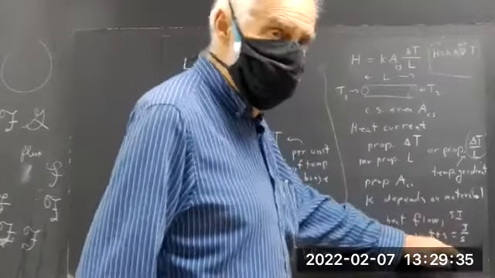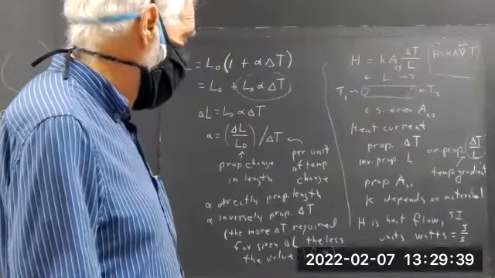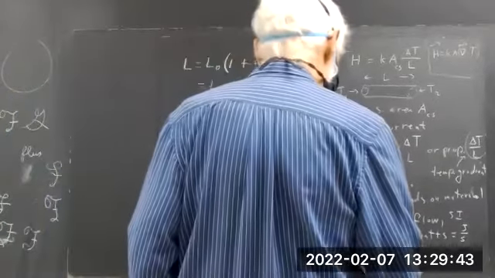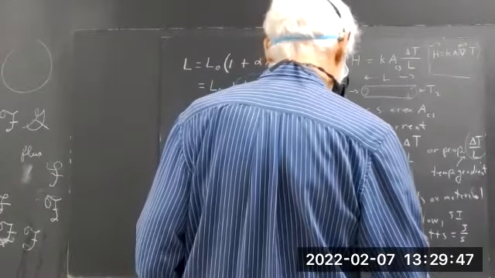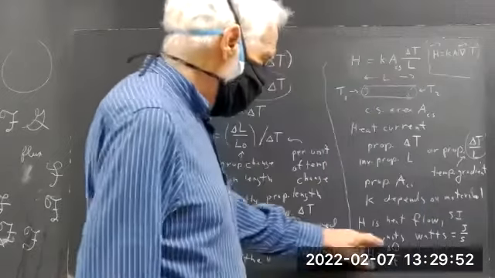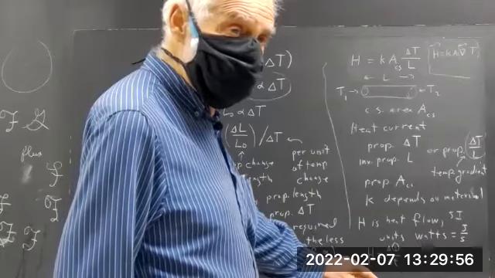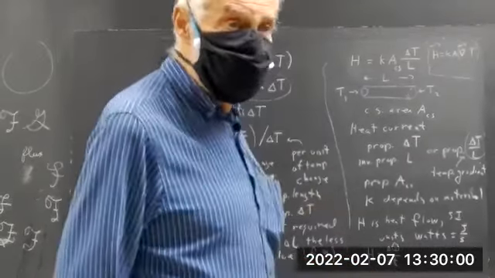Energy per unit of time. H is delta Q over delta T. Or in a variable situation, dQ dt.